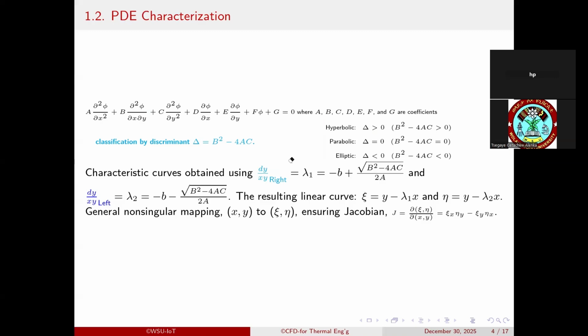In other words, instability refers to conditions where small perturbations or errors grow without bound over time. The following slide is characterizing partial differential equations.